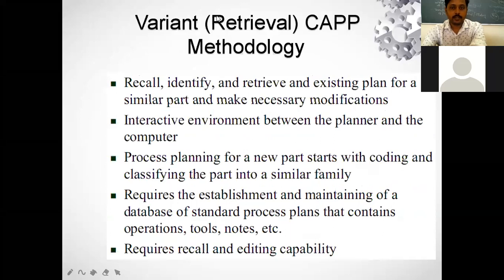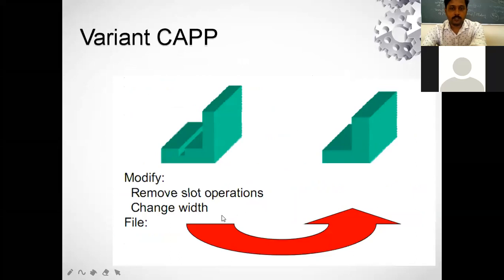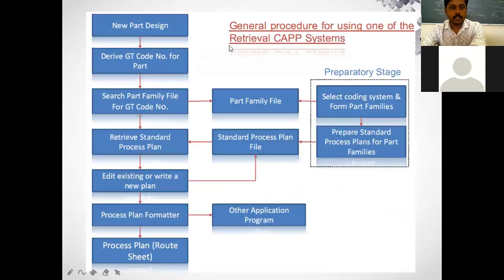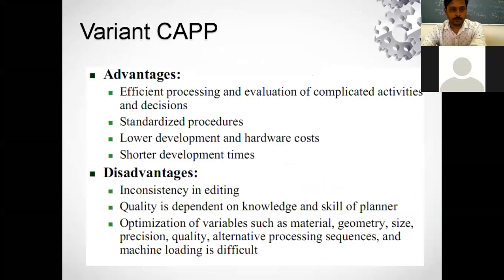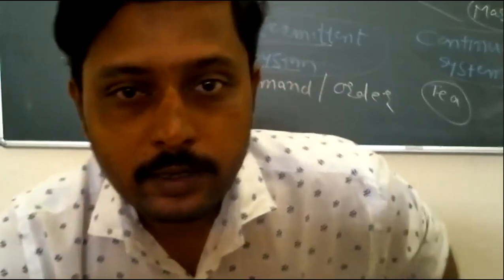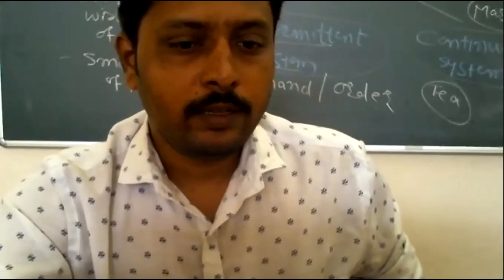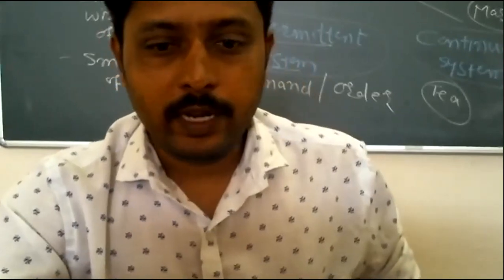And we have seen the retrieval or variant type methodology, its example: new part, process plan on file, take the part, make the changes, make the editing, and the general procedure for the retrieval type CAPP system. And we have seen its advantages and disadvantages. So I hope you understood today's lecture. In the next lecture, we will go for the other parts that we have left behind today.